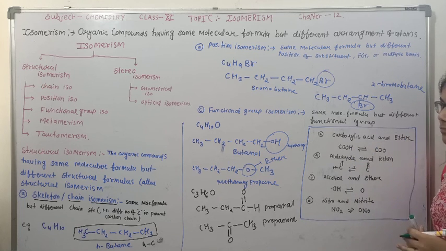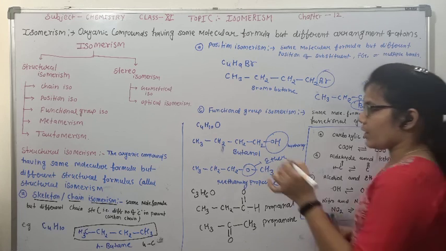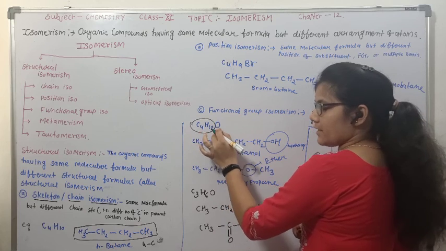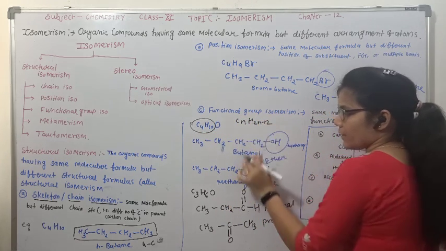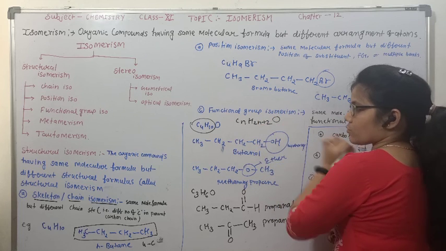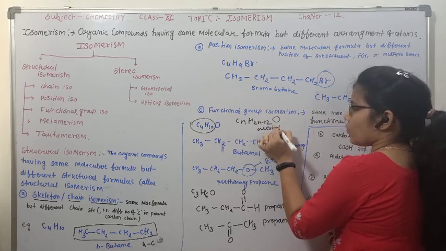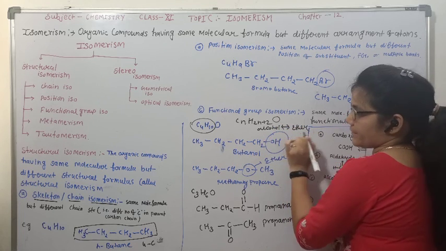Remember, if you have alkane plus O, you can check the formula C4H10, that is CnH2n+2. If you have alkane plus O, that's always alcohol, whose functional group isomer is ether.